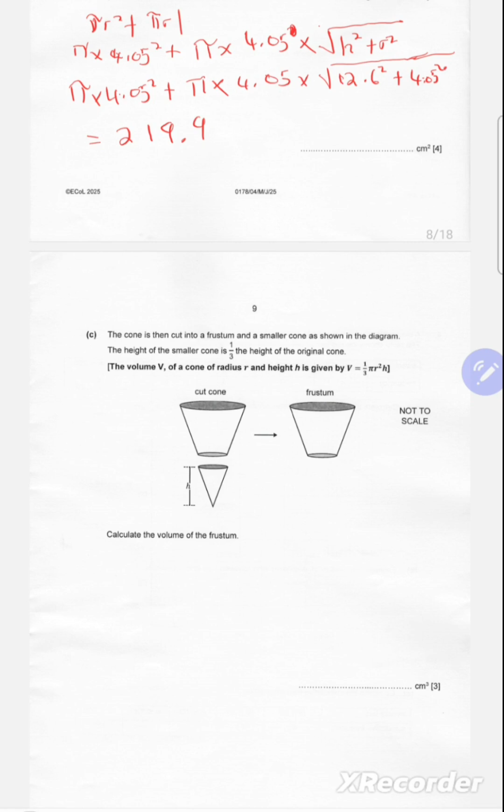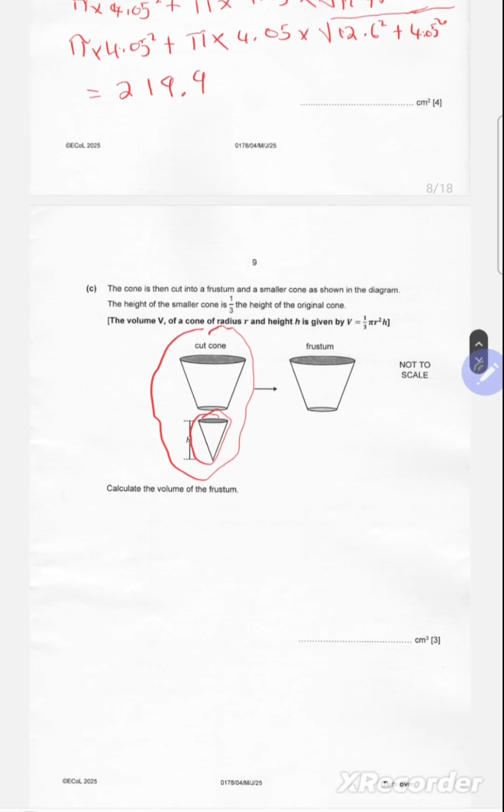Now to find the volume, one thing you should realize is that the big cone and this small cone are similar, and we are told that the ratio of their heights is 3:1. This is the big one and this is the small one. This is the ratio of their lengths. To get the ratio of their volumes, we simply cube this side and cube this side.